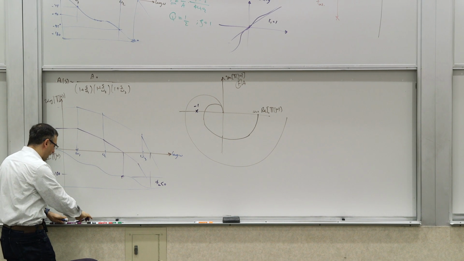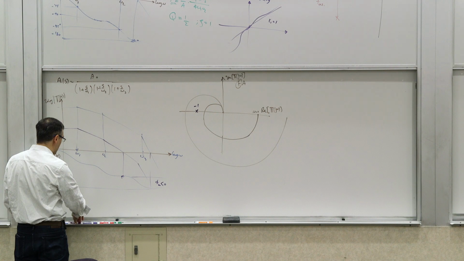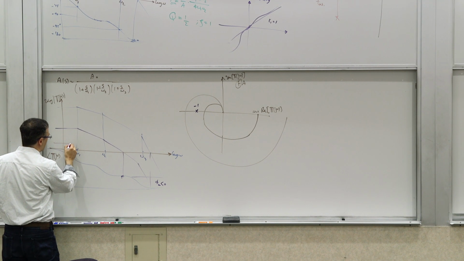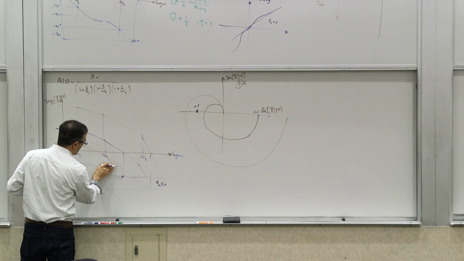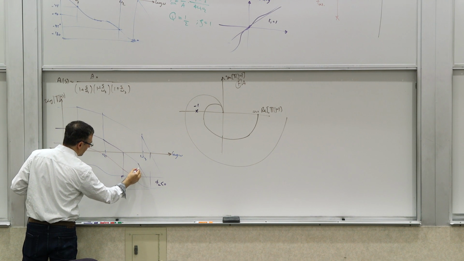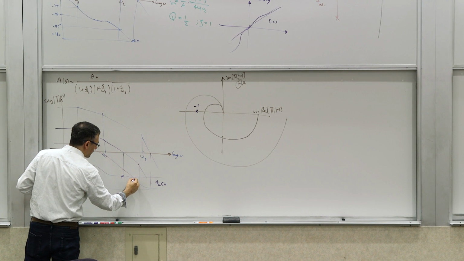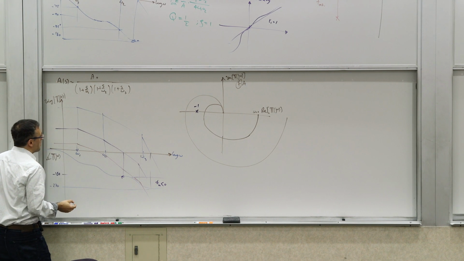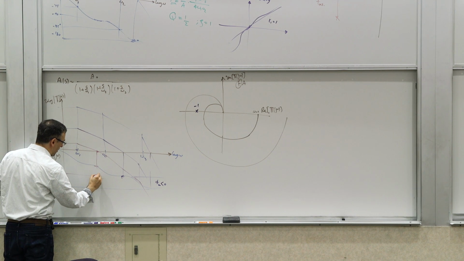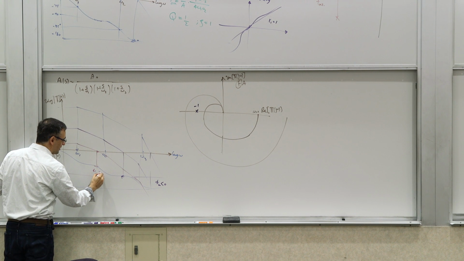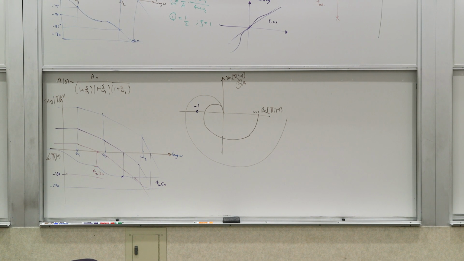If f is very small, where would my curve be? It would be like this. Even from a phase margin perspective, which we know is not perfectly complete, let's say this is omega 1, here we have some positive phase margin if f is small.